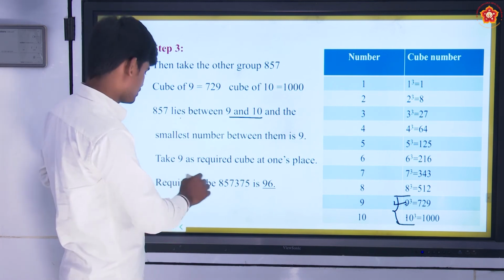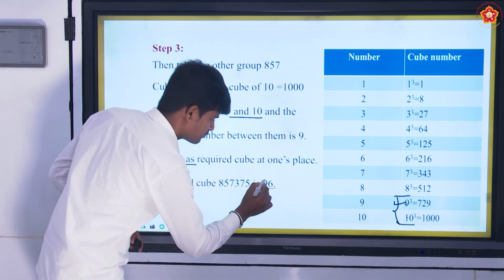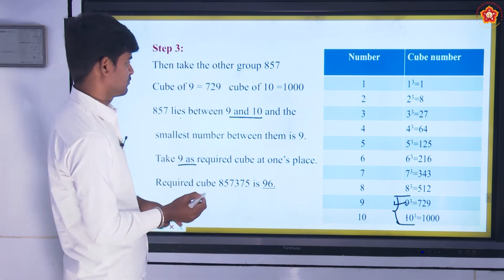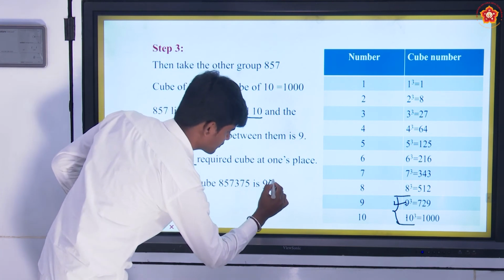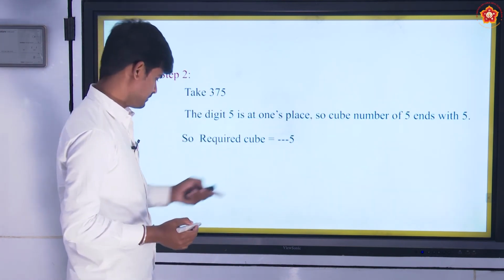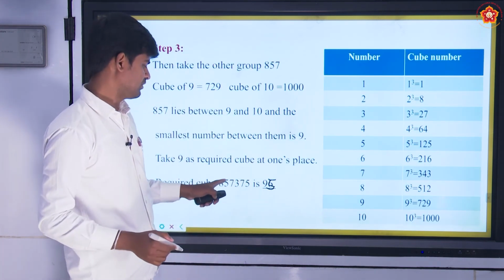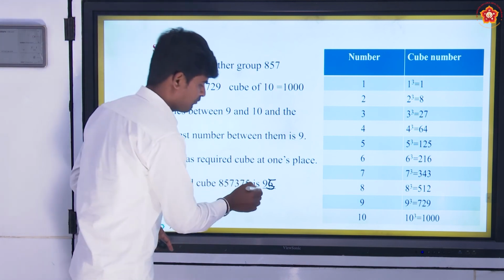Is it right? So, take 9 as the required digit at the ten's place. So, we take 9 at the ten's place, and the unit digit is 5. So, the required cube root of 857,375 is 95.